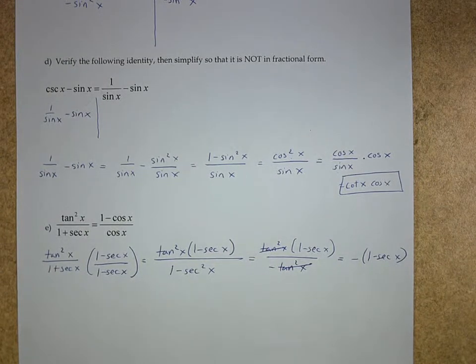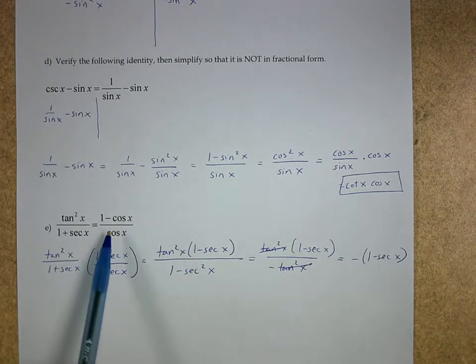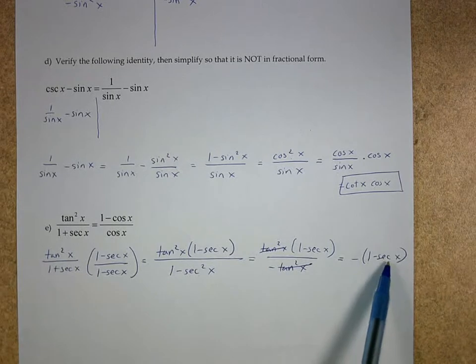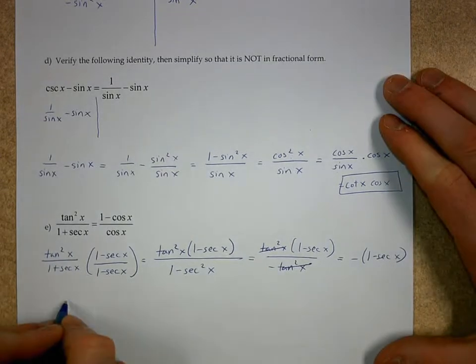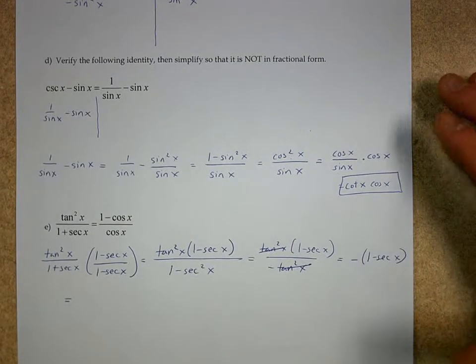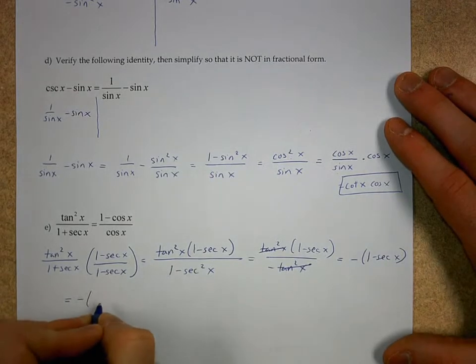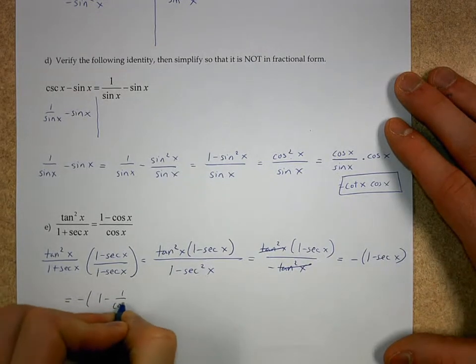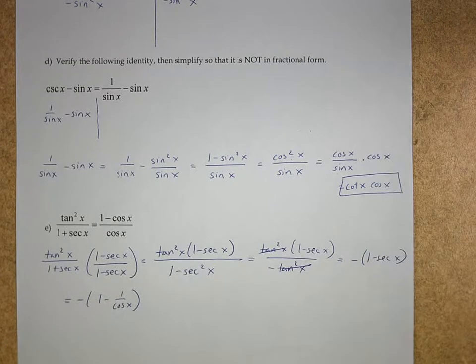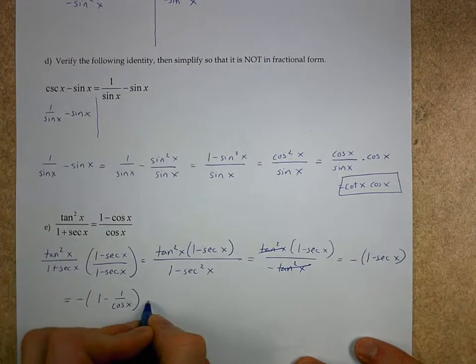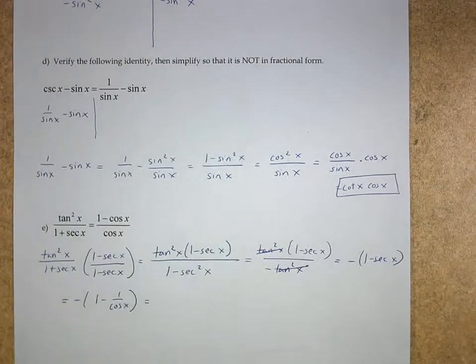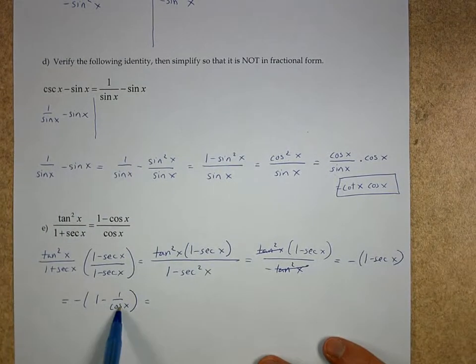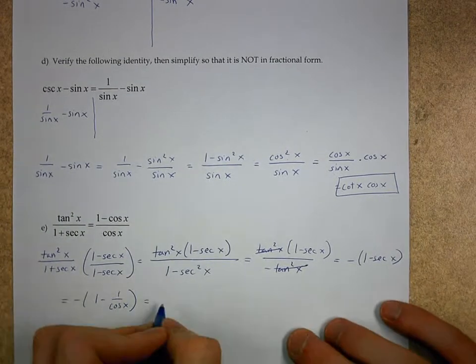Now if I look at my final answer, I need to somehow have cosines in here. And right now I only have secants. So let's see if we can convert those secants to cosines. And we can pretty easily. Secant of x is 1 over the cosine of x. So now I'll work just inside the parentheses. Here I've got a 1 and I've got 1 over cosine of x.